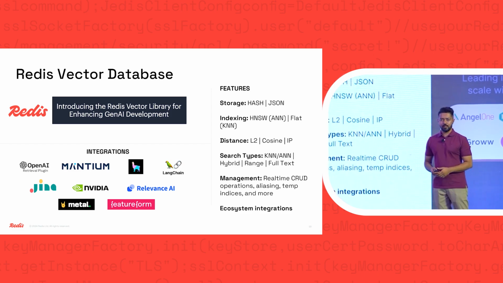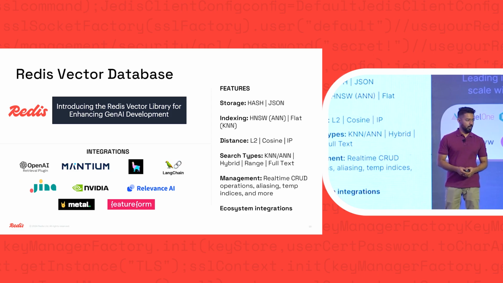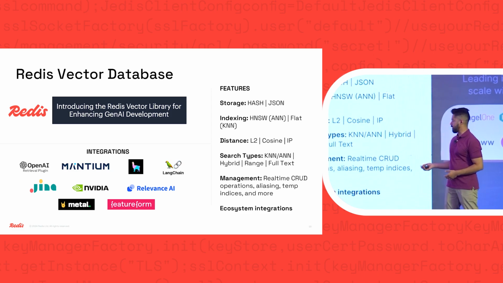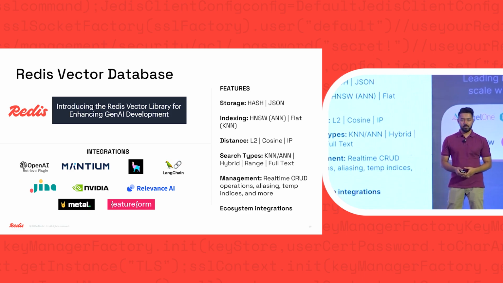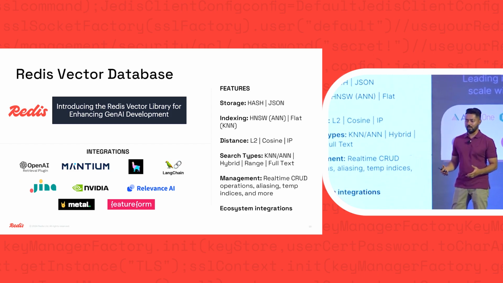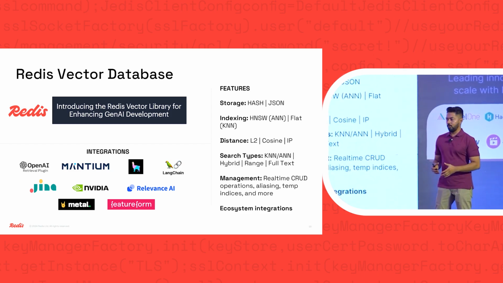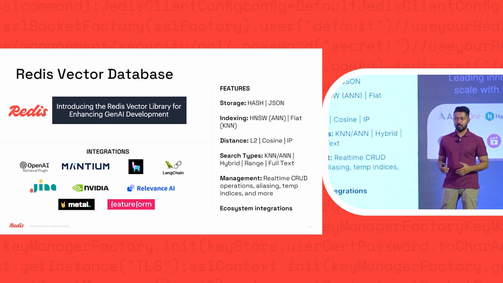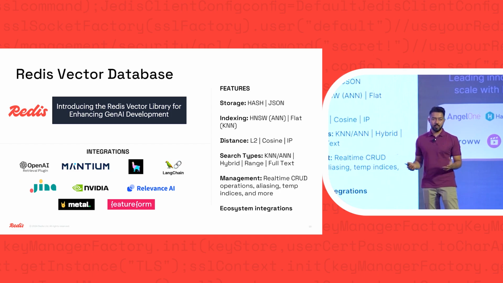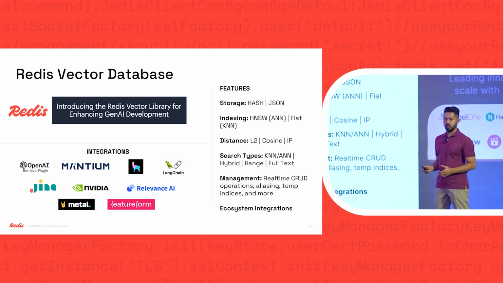Of course, Redis Enterprise is an enterprise database, so we come with a lot of these management features as well. The most important, again, being role-based access control, because security is something that we don't talk about that much when we are talking about LLMs and so on, but that is also a very important part. So if you have a vector database with these features, you can probably give a subset of your users access to only certain documents and generate only certain kinds of results. So that is important from a governance perspective as well.